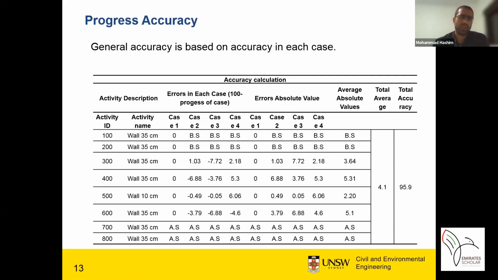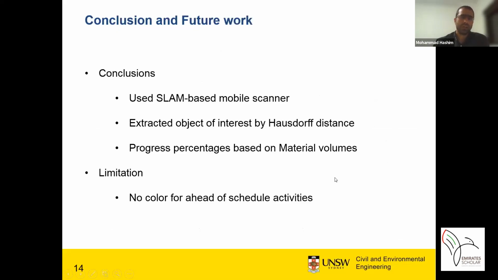That error was easily calculated for each case, and then we calculated the absolute value of the errors, and finally we calculated the average absolute value to reach the total accuracy, which is around 95.9%. Here I should mention we didn't cover the accuracy of tools, so that was only for the progress percentage.